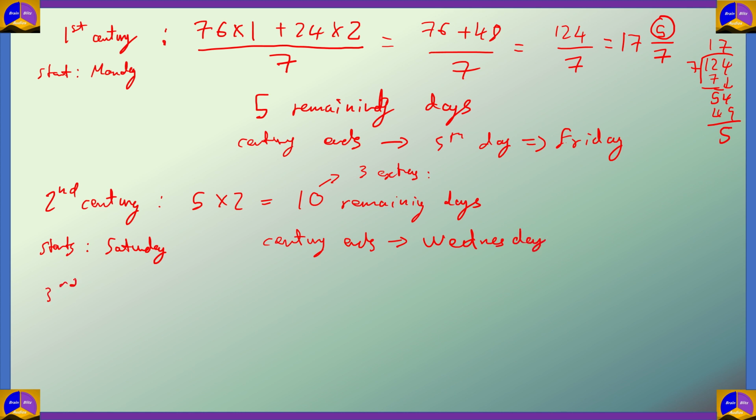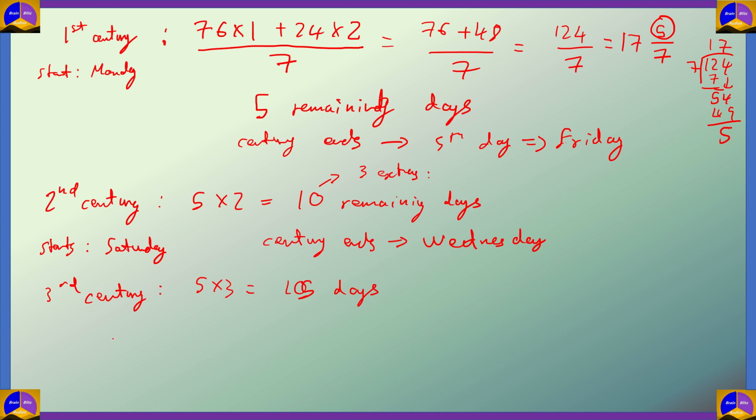Now for the third century, the process is repeated again. So we have another 5 days added to it. 5 times 3, so we still have a total of 15 days, which aren't calculated into weeks.